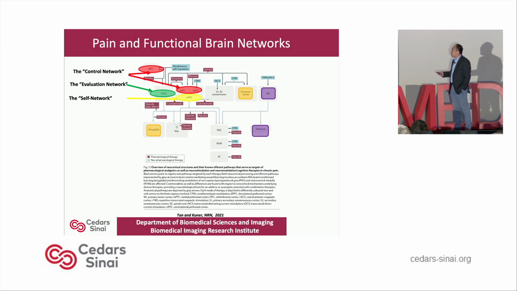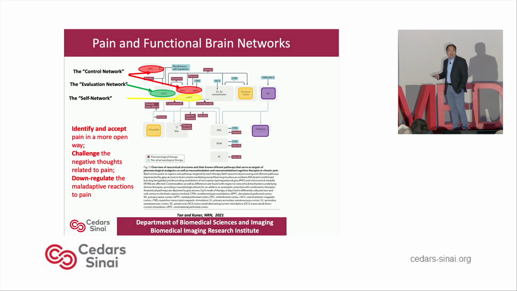And then further up the stream, you have the regions within the control system, the control network, which is the dorsolateral prefrontal, ventrolateral prefrontal, and orbitofrontal areas. These areas are at the top of the control hierarchy and can work with the evaluation network to really gauge the importance, or in this way, actually change your thoughts.